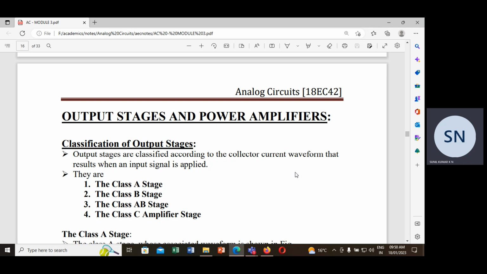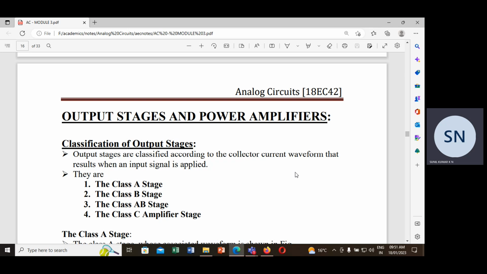In the output stage there is not much difference. There is no symbol difference between a power amplifier and a normal small signal amplifier. This we are going to call a power BJT. The same thing, if I use a MOSFET, we call it a power MOSFET. But they have the same symbol. The only difference is that it deals with large signals.